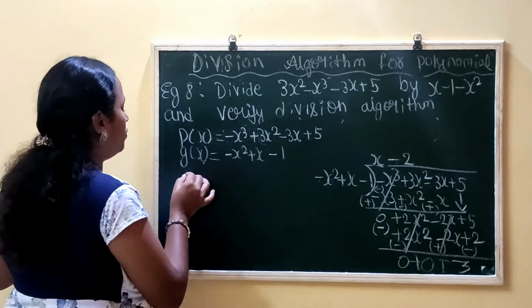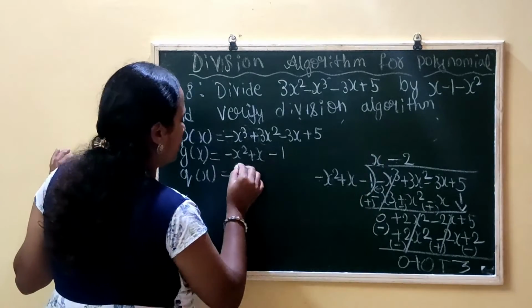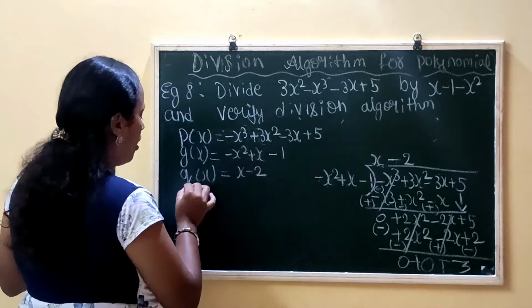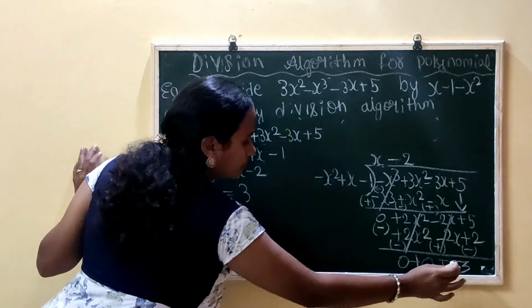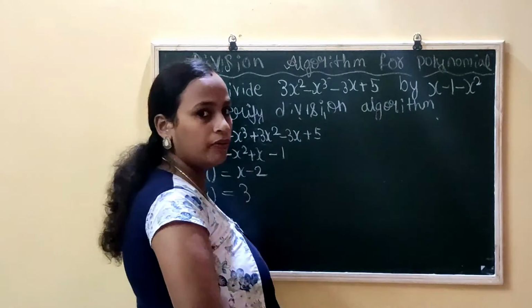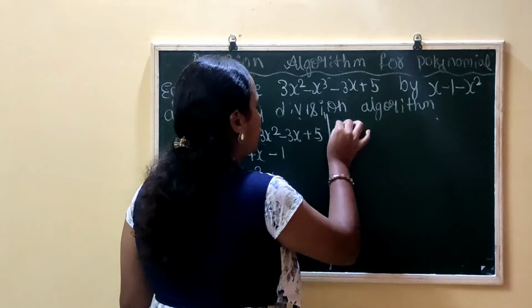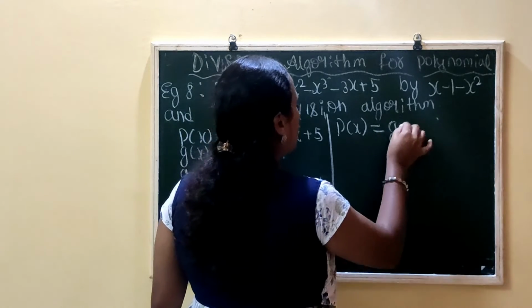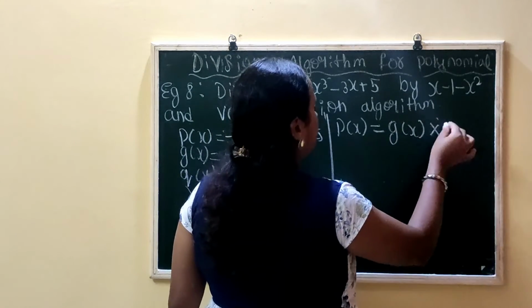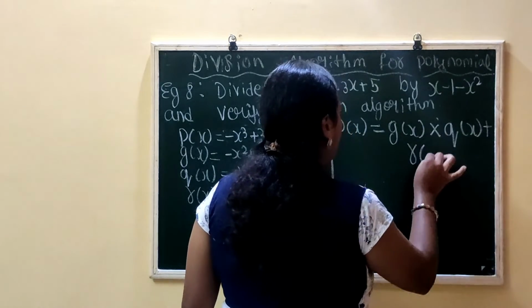And what is Q of x? Q of x indicates the quotient, which is x minus 2, and R of x indicates the remainder, which is 3. Okay, so now we will verify the relationship. That is P of x is equal to G of x into Q of x plus R of x.